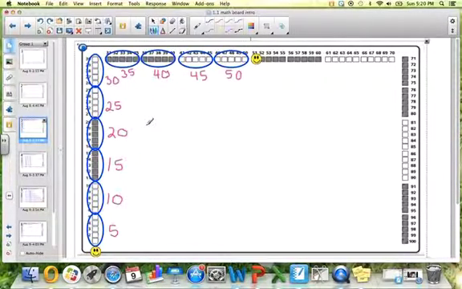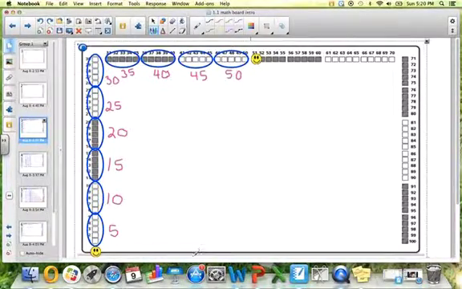So if we count by 5s, like we're going to do, I hope you count with me: 5, 10, 15, 20, 25, 30, 35, 40, 45, 50. You guys just did your 5s count bys. I bet you didn't even know that's what it was called. So now we're going to put our words into an equation.